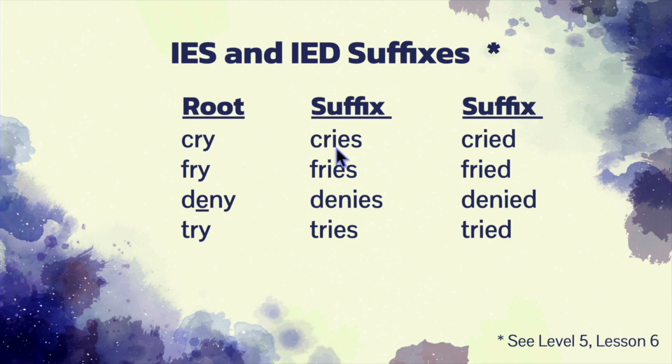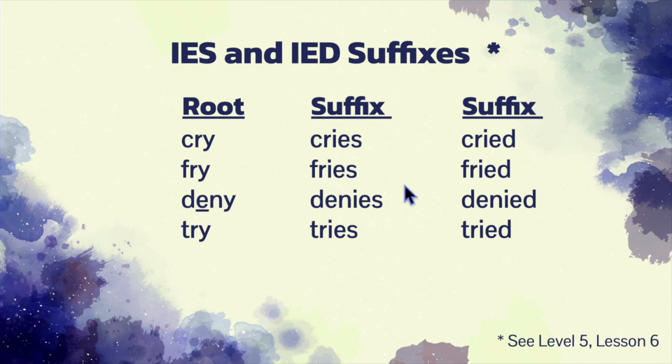Also, if you have IES or IED for a suffix, you need to be careful. First, look at the root. Here we have the root cry. So here in this word, Y has a long I. So when we add the suffixes and change the Y to an IE, the IE is going to have the same sound that the Y originally had. So we have cry with a long I sound. So these two IEs will also have a long I sound. So cry, cries, cried.